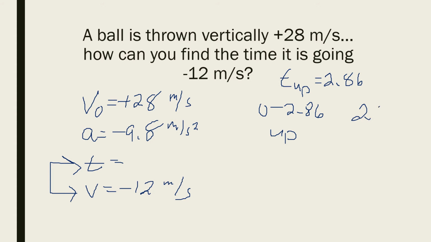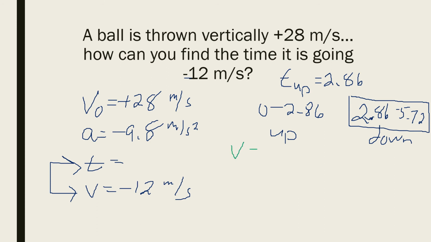From 2.86 to 5.72, it's going down. So because it's negative, my answer had better be in this range of numbers. This is just a way of checking your work. You don't always have to do this. I'm just trying to show you ways to think about and connect your answers to everything else in the problem. V equals V naught plus AT.